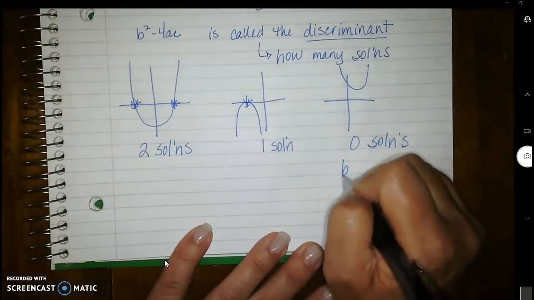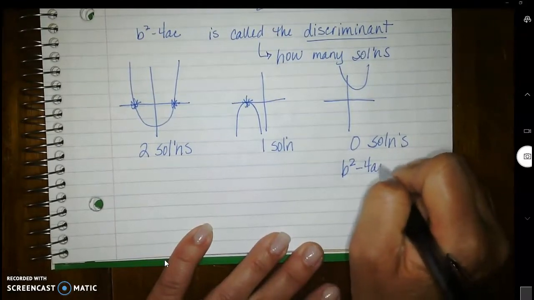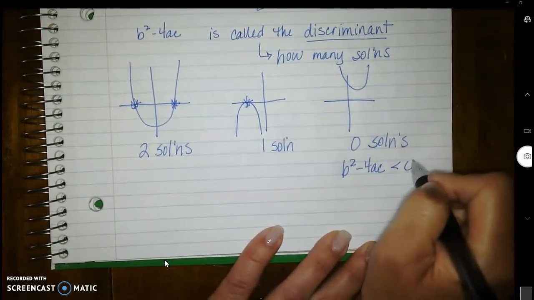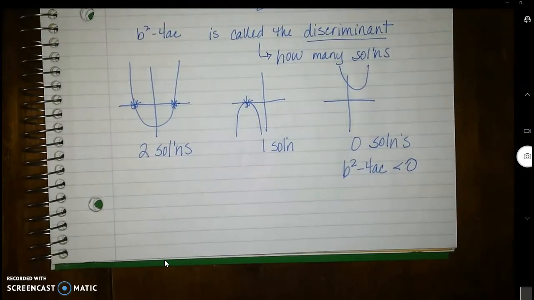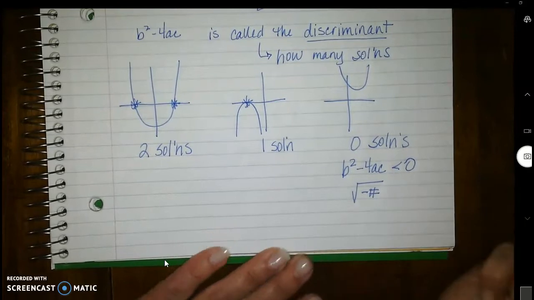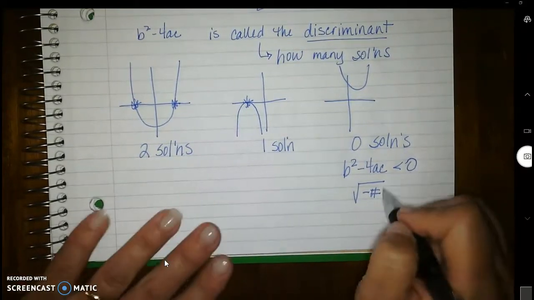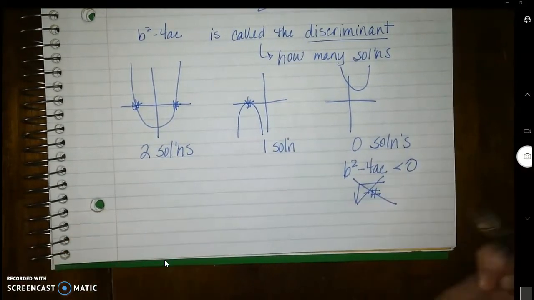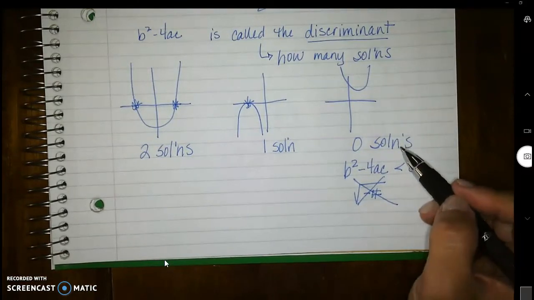If you do the discriminant and you get a number that is negative, so you get a number that is less than 0, you cannot take the square root of a negative number. That doesn't exist, not in the real world anyway, and so that is when you're going to get no solutions.